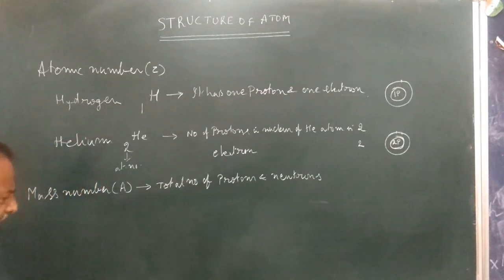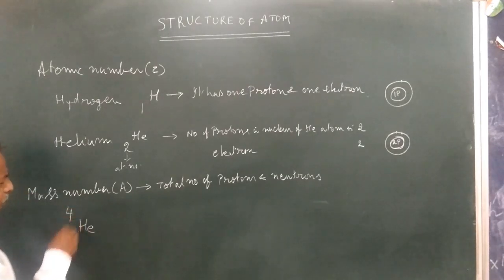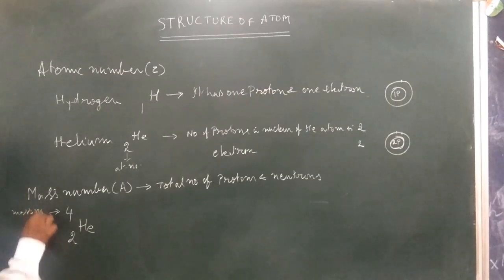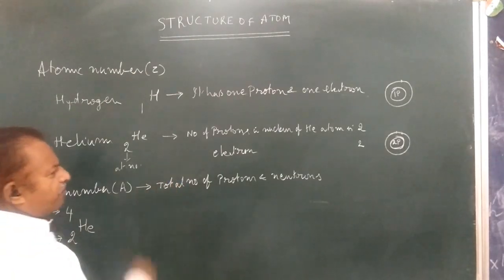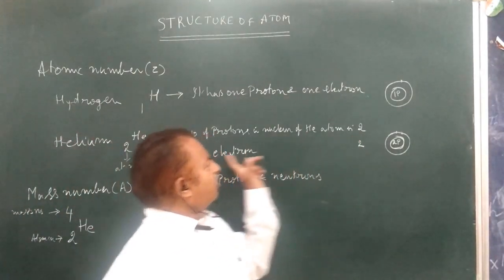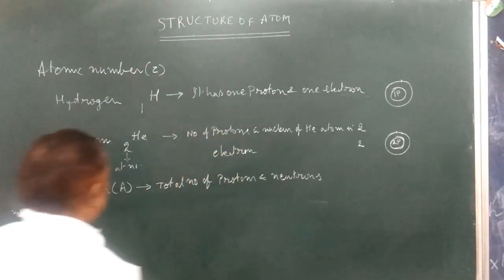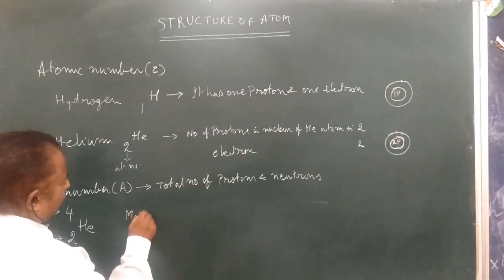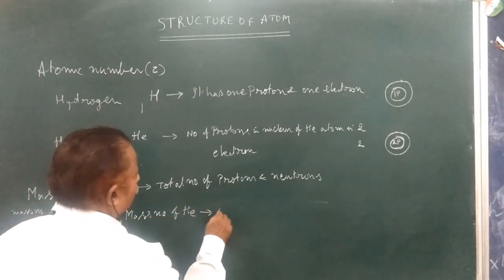Now let us take an example. Helium, 2, 4. This is mass number and this is atomic number. Already we discussed here, atomic number of helium is 2, that it has 2 protons and 2 electrons. Right. Therefore mass number of helium is 4.